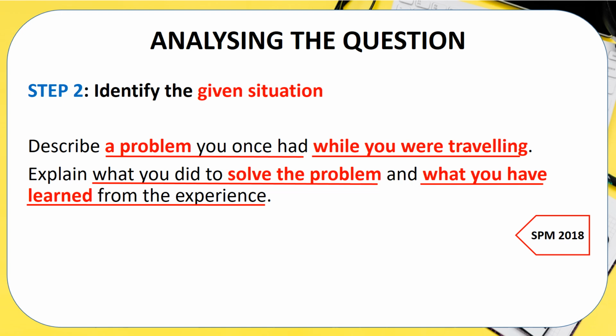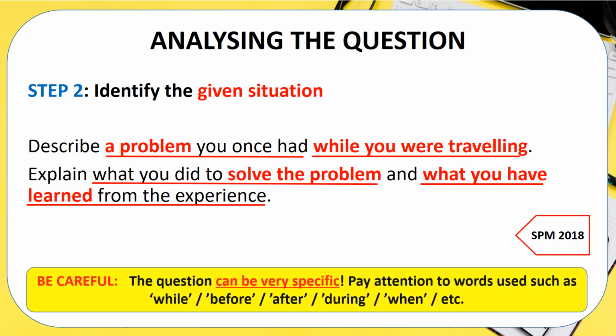My dear viewers, sometimes descriptive questions can be very specific. So you need to pay attention to words used such as while, before, after, during, when, and other words that show a specific time. So let's look at this question again. Does it have any of these words?